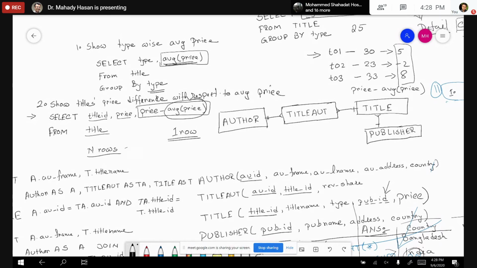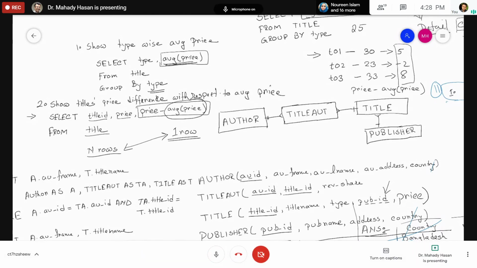So one row and n rows, do they go side by side? They won't. So therefore it won't work. This is the reason why it won't work. Make sense?